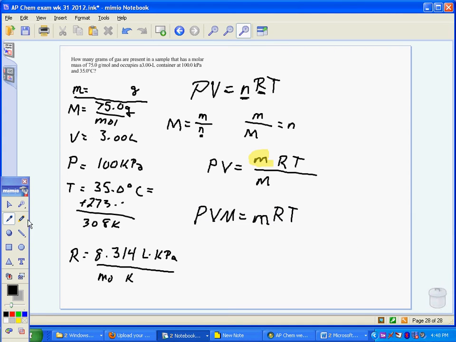Okay, next thing, remember I'm isolating this variable right here, so I'm going to divide both sides through by RT. So the equation that I'm going to work with here is little m, which is mass, is PVM divided by RT.